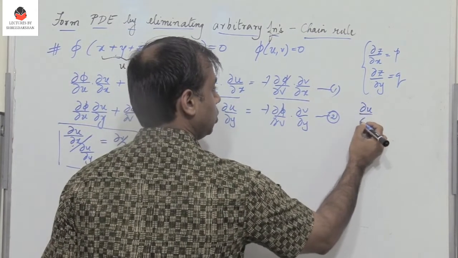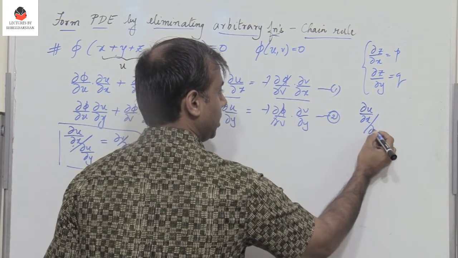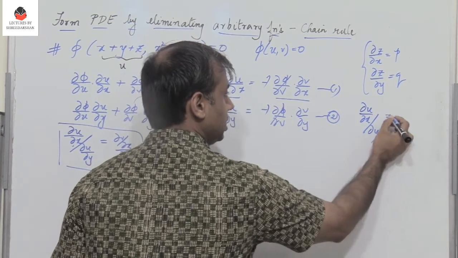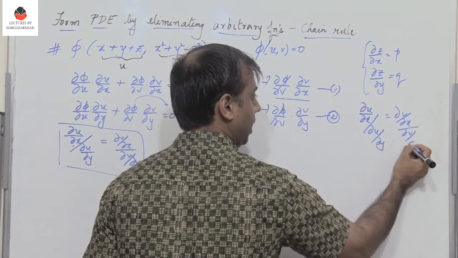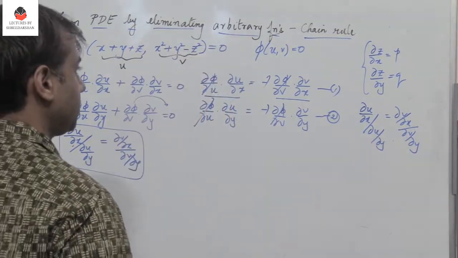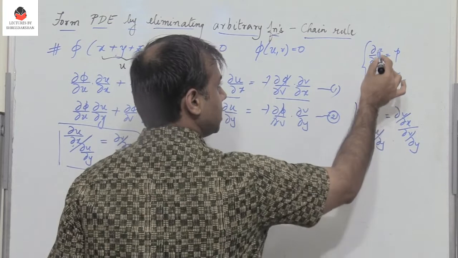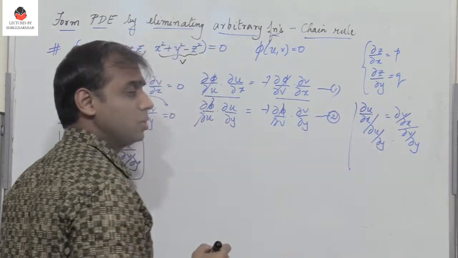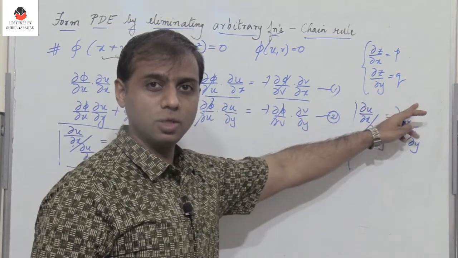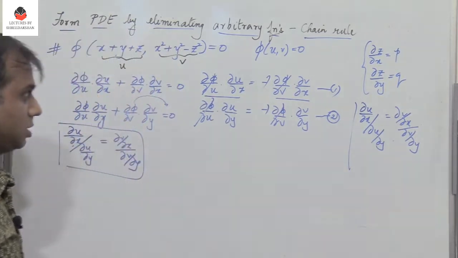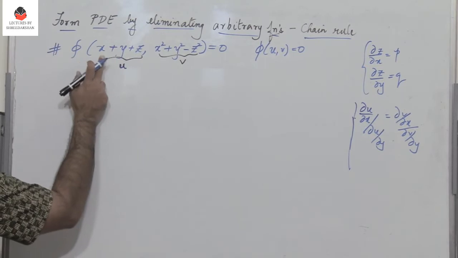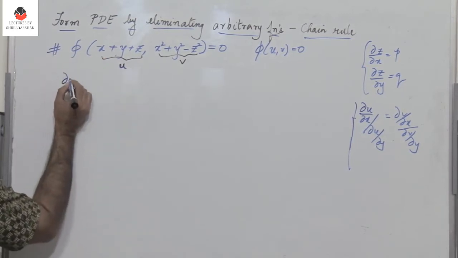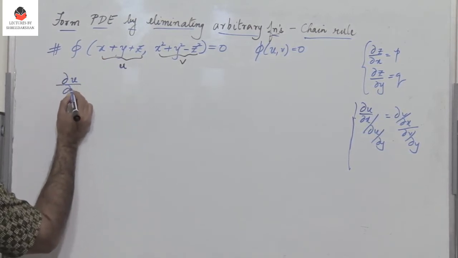So we have del u by del x divided by del u by del y equals del v by del x divided by del v by del y. And of course, we assume that del z by del x equals p and del z by del y equals q. This is for easy representation. So now let us solve this problem. So u is x plus y plus z. So what is del u by del x?